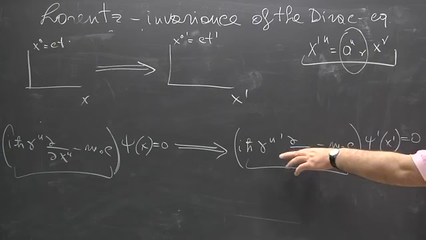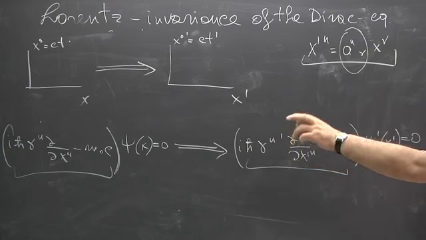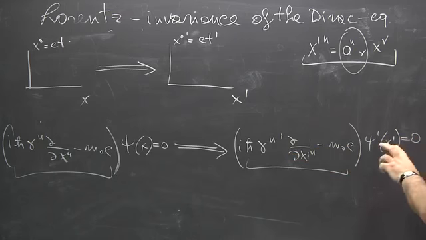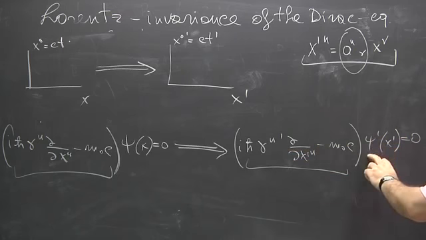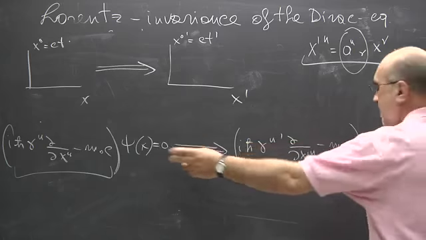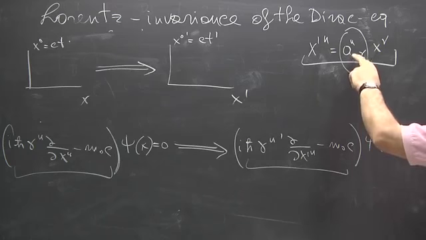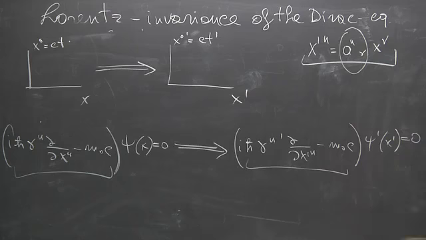Okay, so if we require that the equation of motion has the same form, then it means the solution will be the same. We have only to change x into x prime, and maybe we have to change psi, but in a manner that has to depend only on this form. So covariance means this.